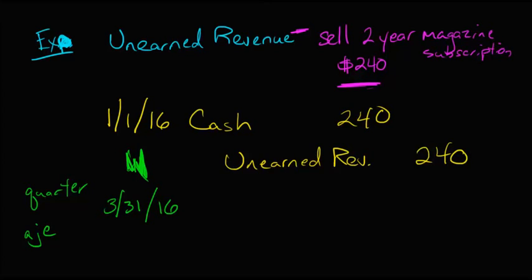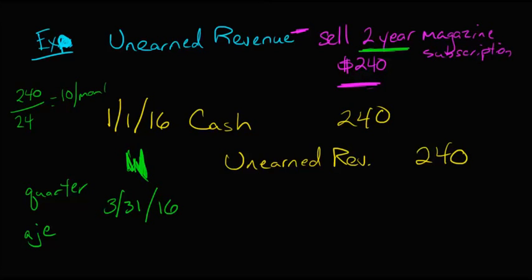Okay, so there are 24 months, 2 years times 12 months in a year. And ultimately, this is a $240 subscription. So 240 divided by 24 months is $10 a month.